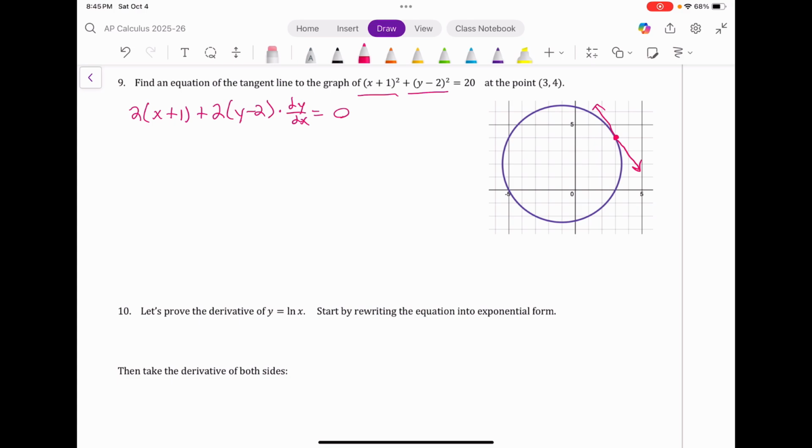Okay, so what can we do here? We can divide a 2 out of everything. Yeah, we'll just divide everything by 2. And then we'll subtract the x plus 1 over. Okay, and let's see, divide by y minus 2.